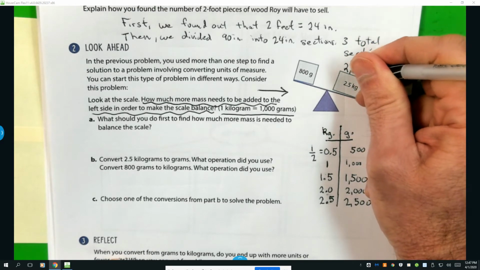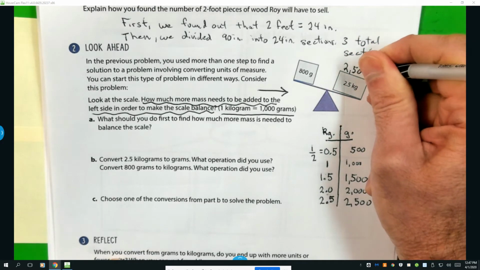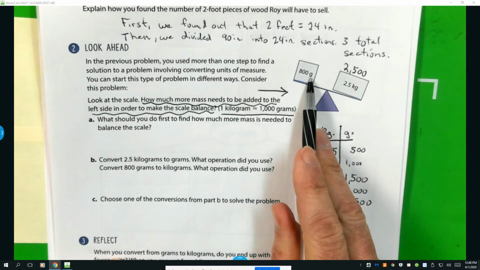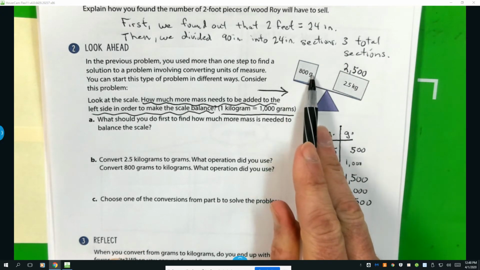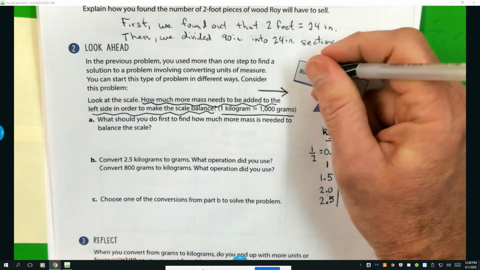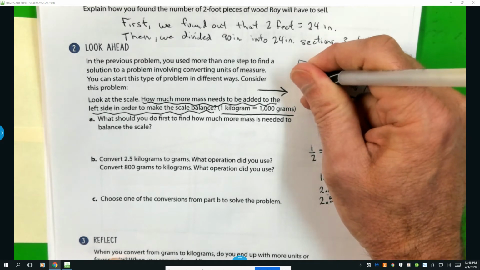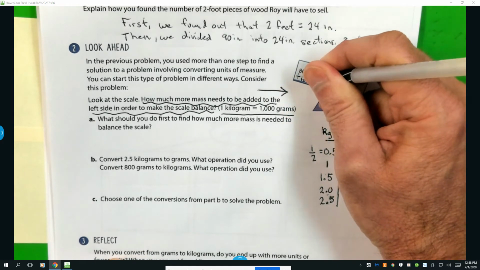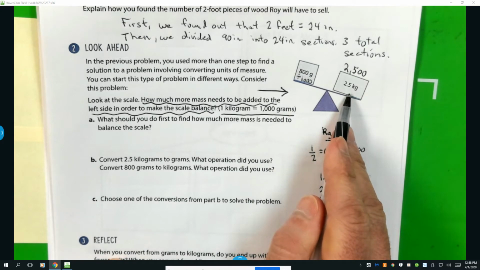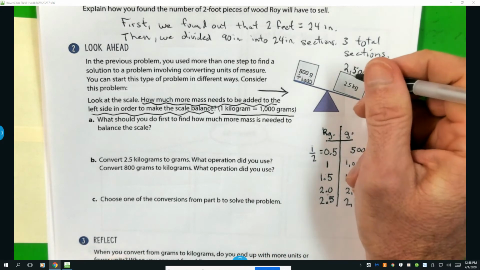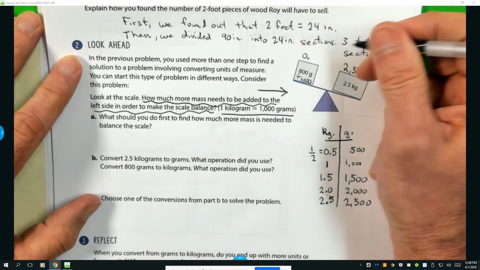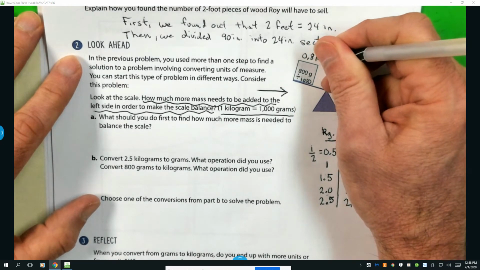And I'm going to write that right here. So this is the same as 2,500 grams. Now, if I wanted to take 800 grams, all I would have to do is divide this by 1,000, and that will tell me how many kilograms it is. So if I did that, that would equal 0 and 8/10 kilograms.